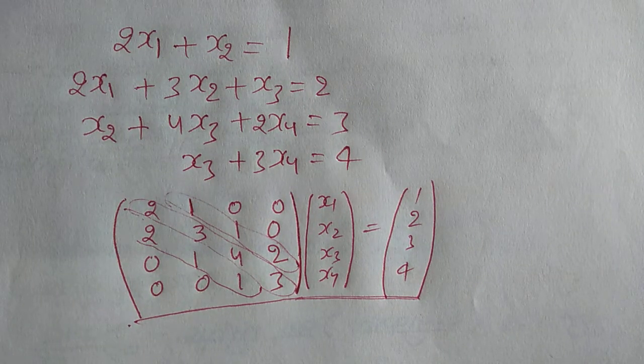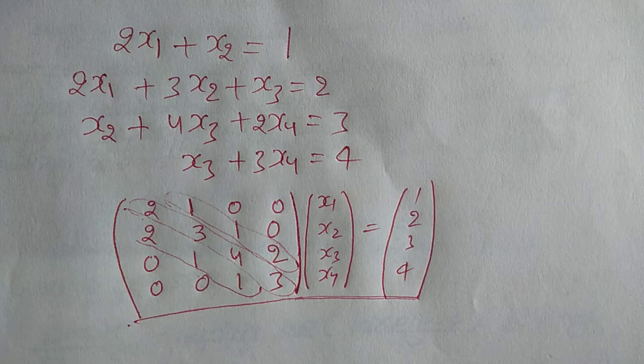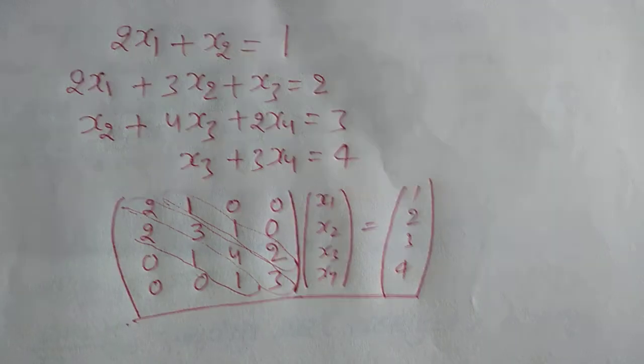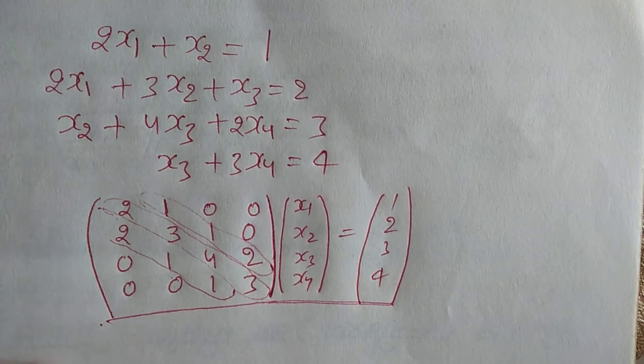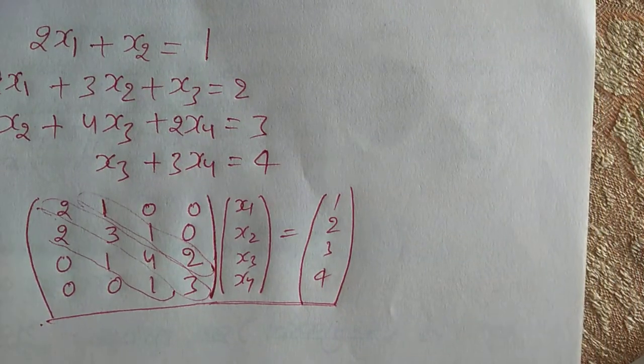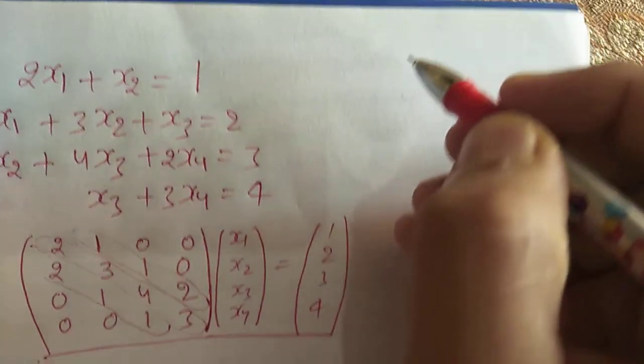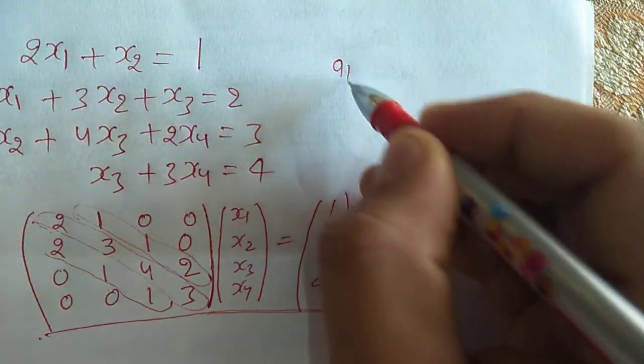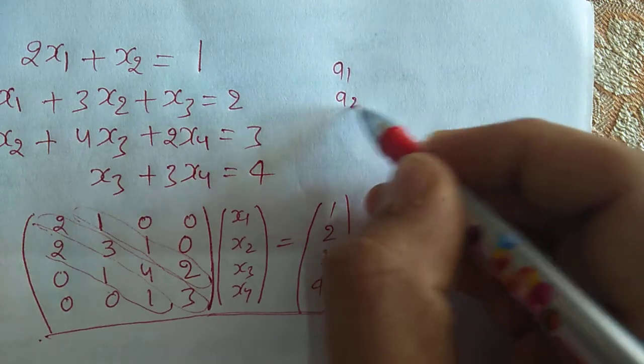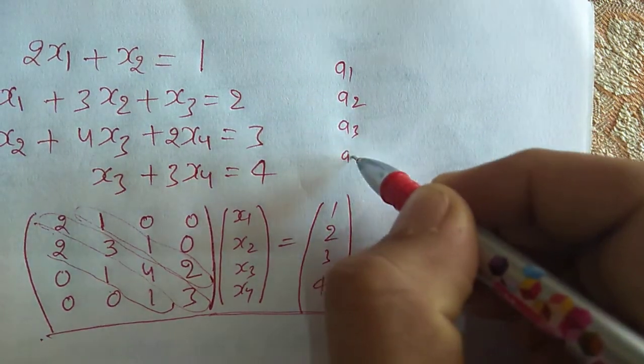If we compare with the coefficients, let me write here: the main diagonal entries will be a1, a2, a3, a4.